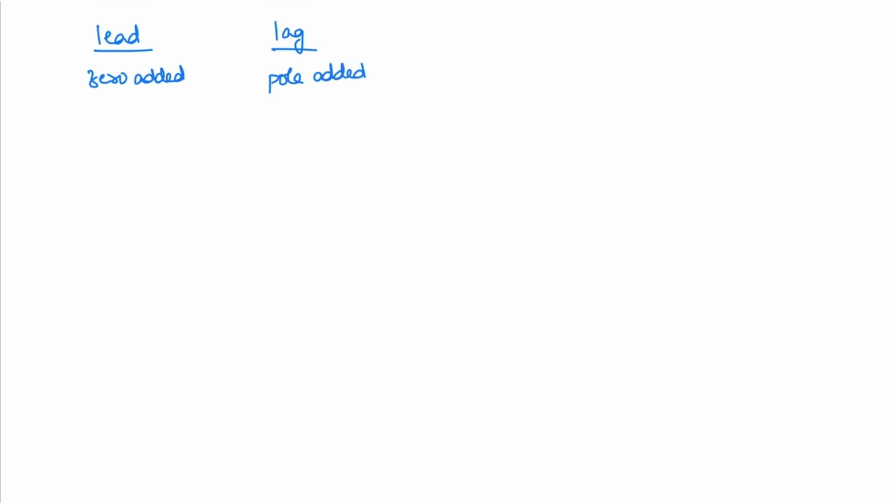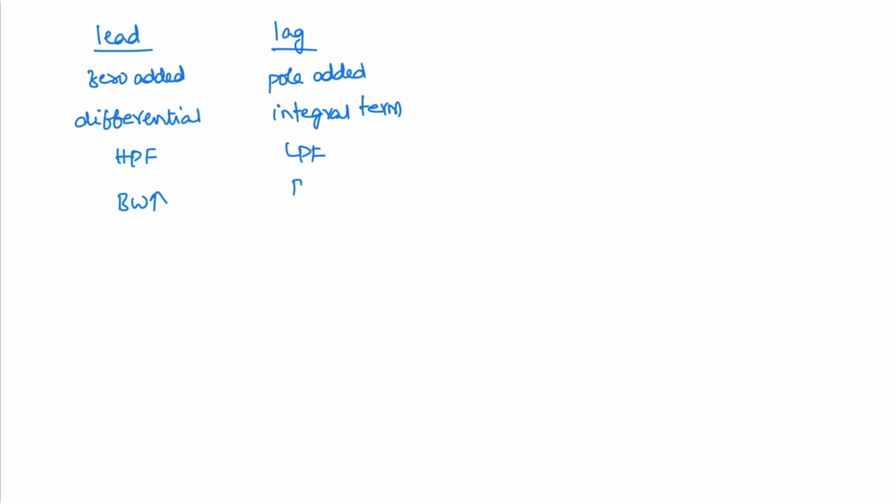Adding a zero means a differential term; here it is an integral term. The lead compensator is the same as a high pass filter. The lag compensator is the same as a low pass filter.